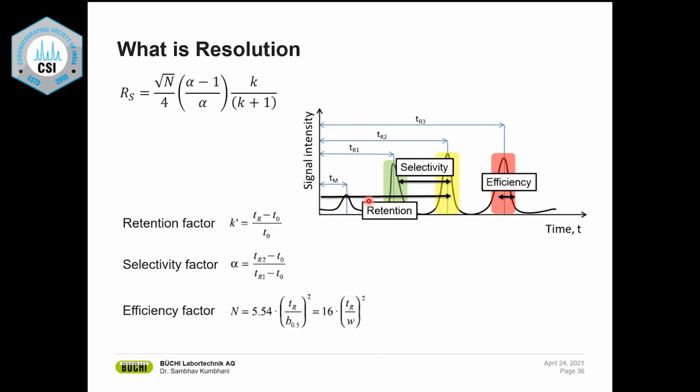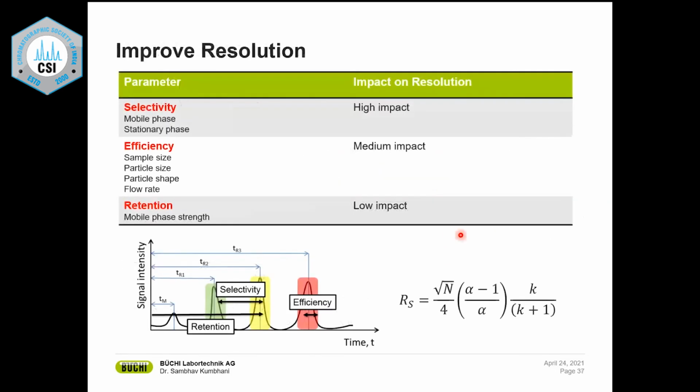And selectivity is how much your stationary phase selects one compound over the other, how well it is separating the two peaks, basically. And efficiency is how fast and how good the separation is, right? So there are different parameters that you can adjust to improve your resolution.